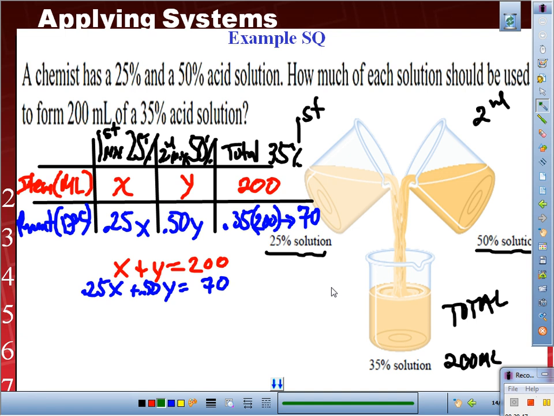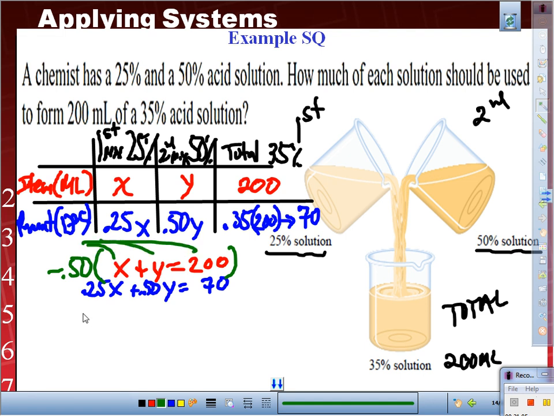The y. All right, so we multiply this times what if we want to eliminate the y? Negative 0.50. Distribute all the way, so this is negative 0.50x, negative 0.50y equals, what is half of 100? Negative 100. Okay?